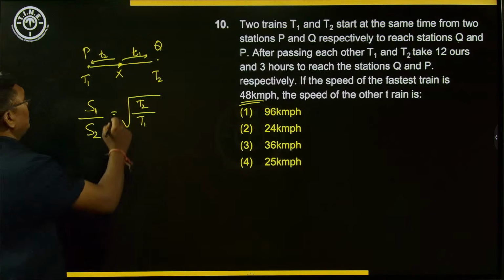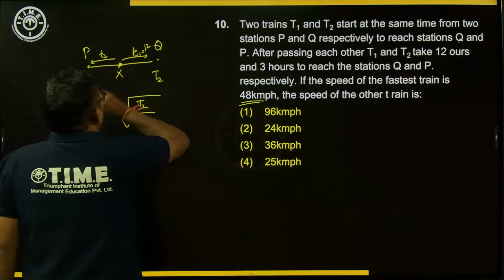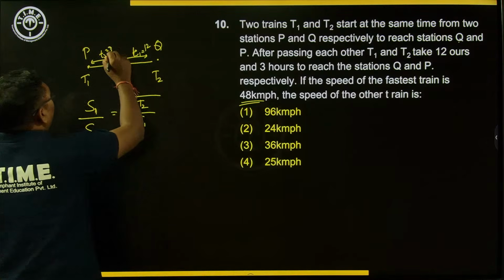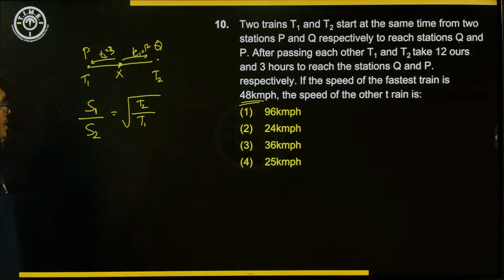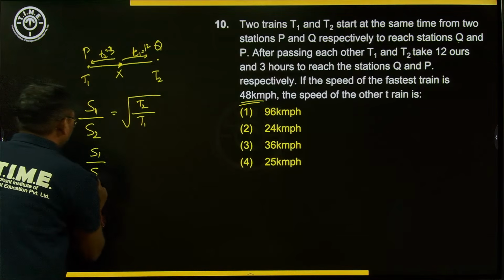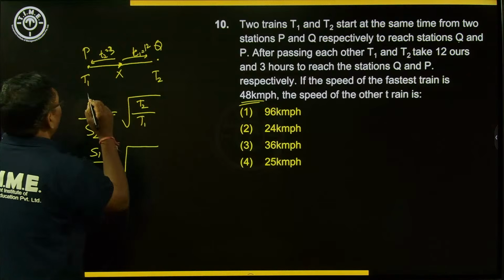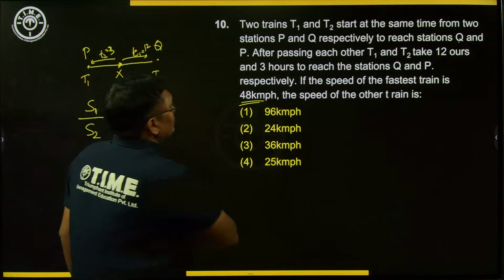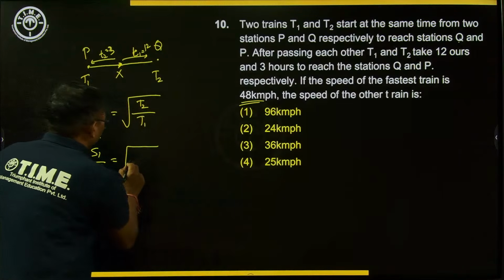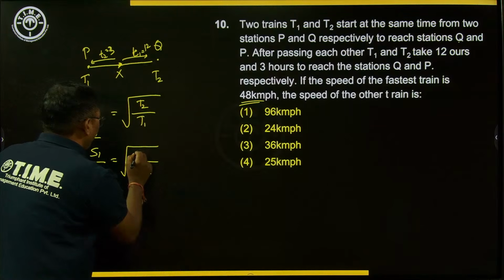So here T1 is given as 12 and T2 is 3, right? So S1 by S2 is equal to root of 3 by 12.